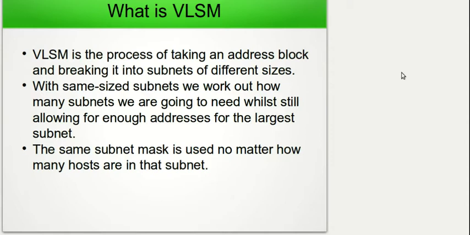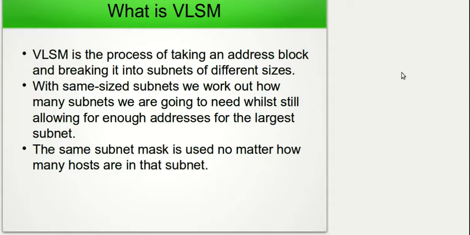We need X amount of subnets, and our largest subnet will have, let's say, 200 hosts per subnet. So we have to find out what subnet mask allows us to have the correct amount of subnets, but also supports the largest of our segments.